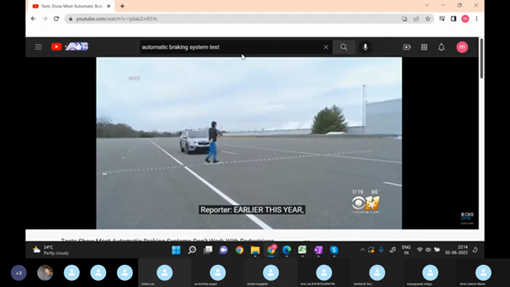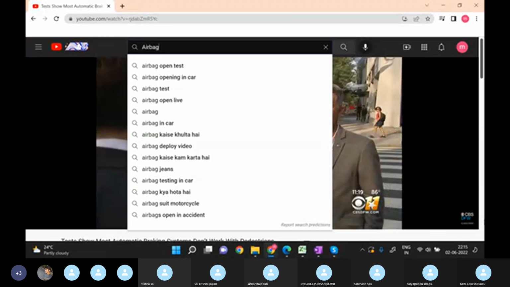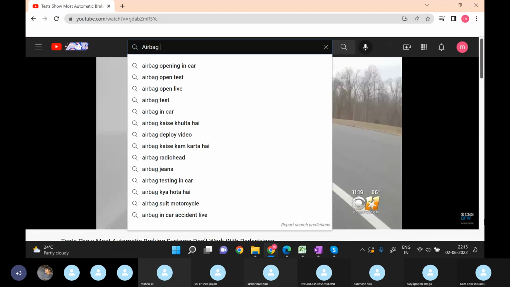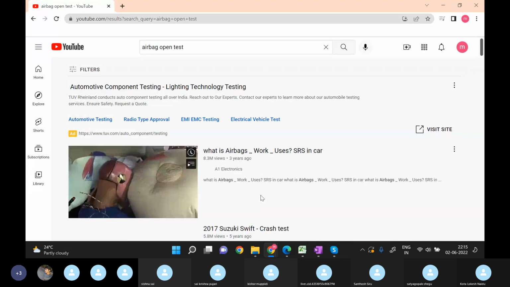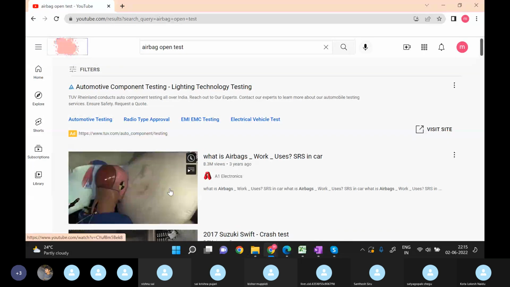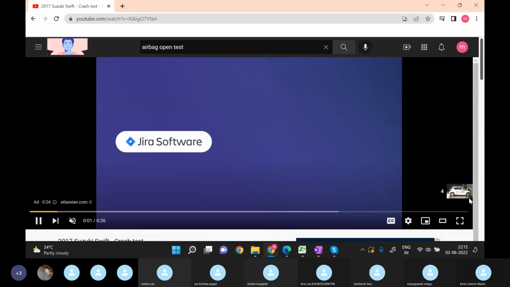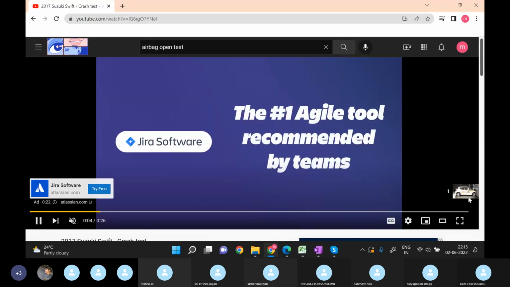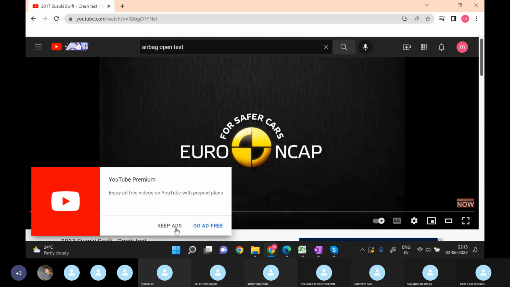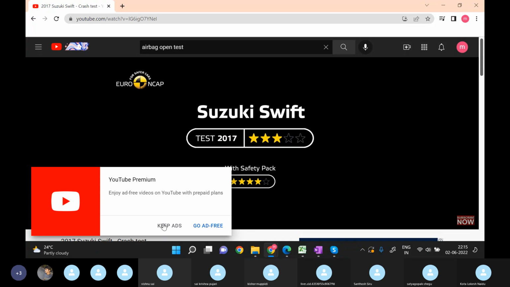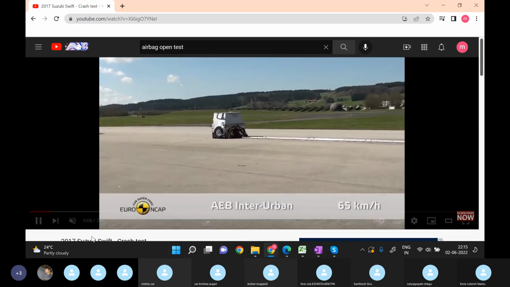Getting it? Yeah. You can see airbag testing, how it will happen. This is Euro NCAP.